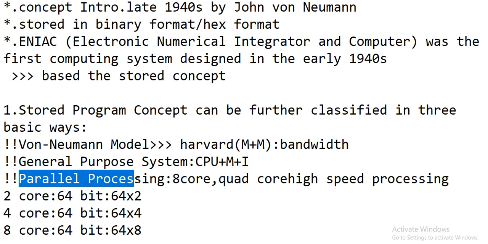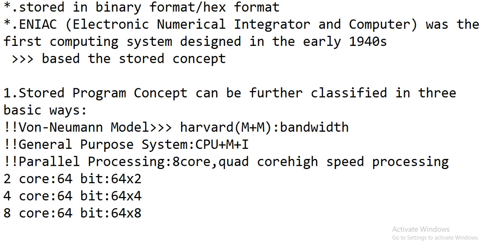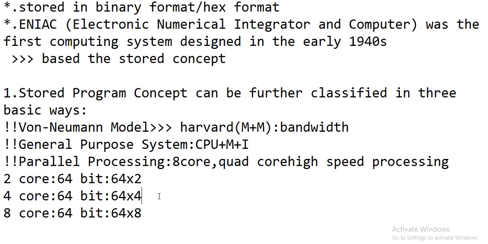That is called parallel processing. Now the next question: what is the advantage of parallel processing? You get high speed. Assume you are sending one big image; if your processor has parallel processing, then that image streams very fast. That is the meaning of parallel processing.